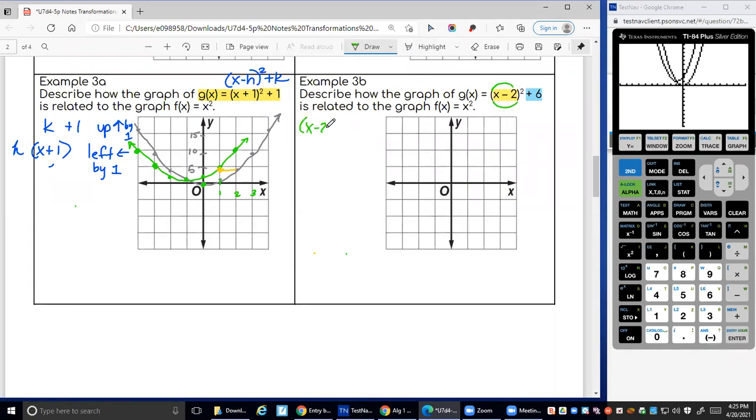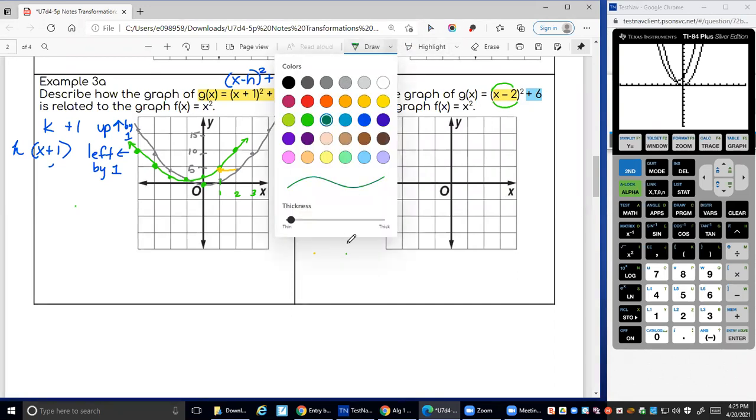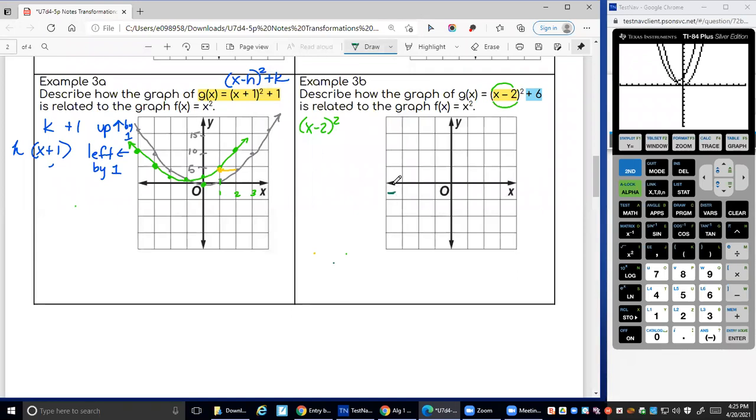So x -2 squared is going to refer to, instead of going to the left where the negative numbers live, we're going to go to the right. So this is going to go to the right by 2 units, guys. Now this one is opposite, but this one is not.